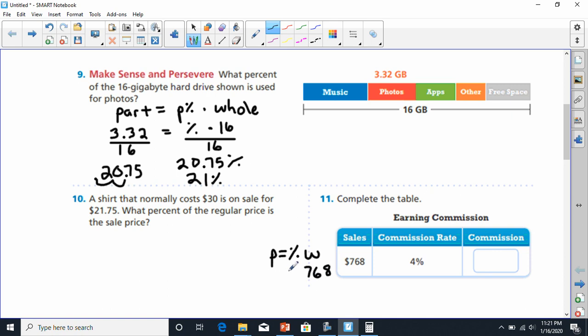And we're going to be multiplying that by 4%. Remember, with 4%, we have to move that decimal back 2 spots. So it's going to be 0.04, and that'll equal the commission, or the part. We'll just put C here for commission.